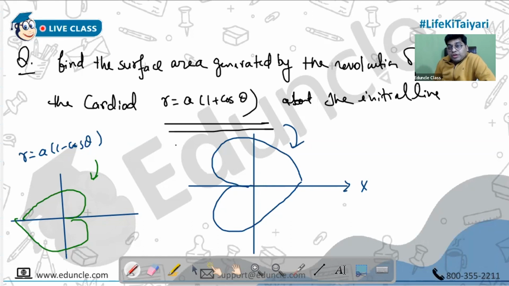But whenever we are rotating, do not multiply by 2, because rotating will automatically take the lower side also. When I have taken 2 pi y ds, 2 pi y is the circumference. We are taking the total, it is already taken. So don't make this kind of mistake. I am here only to revise you so that you will not make any mistake in JAM 2022. Let us find the answer.